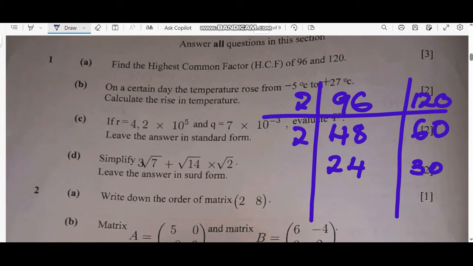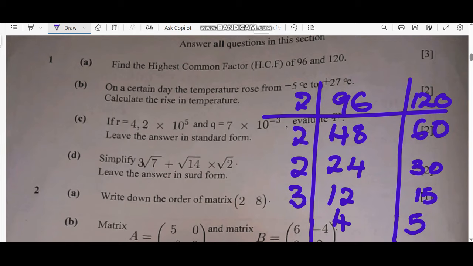Again, 2 is still the common factor here. So by 2 again, we are going to obtain 12. Here we are going to obtain 15. Now what divides both 12 and 15 is no longer 2, it's now 3, right? 3 into 12 it's 4, 3 into 15 it's 5. So nothing divides both 4 and 5.